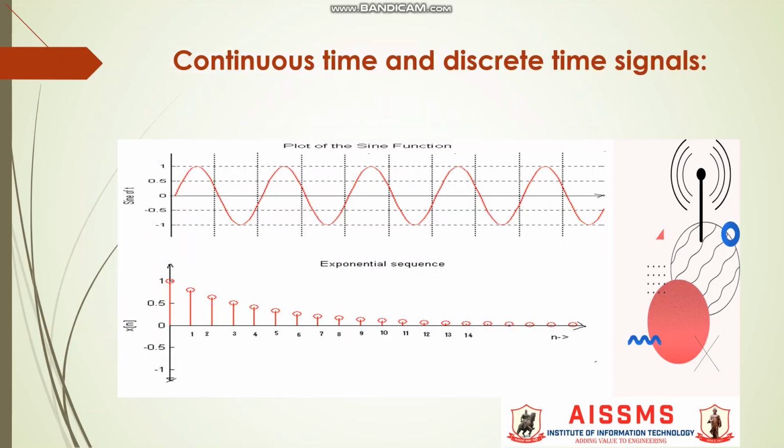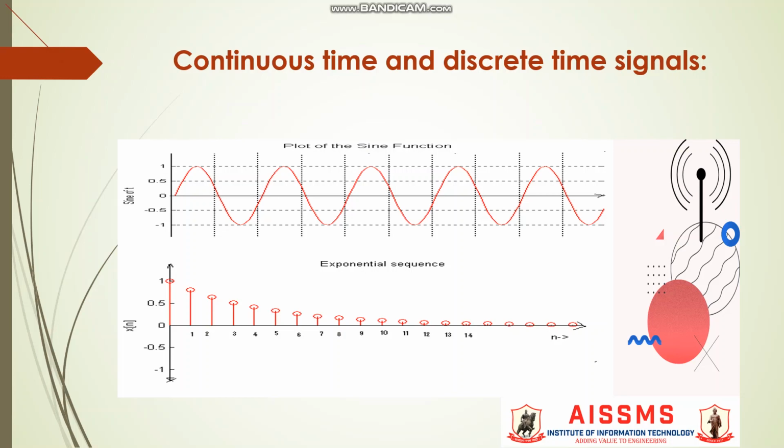Moving to the first classification, on the basis of independent variables, the electrical signals which are obtained from different transducers are classified as continuous time signals and discrete time signals.